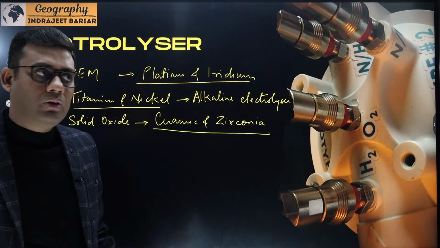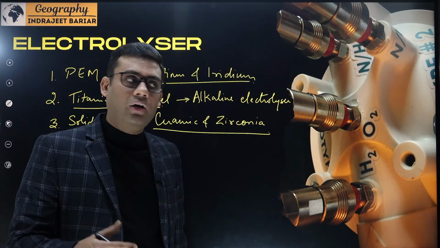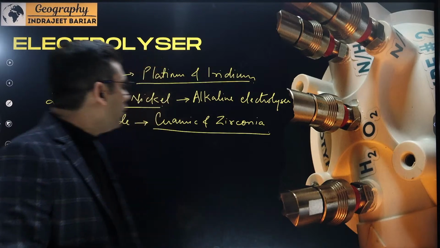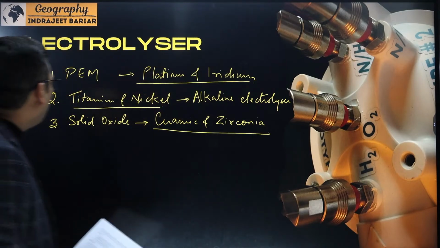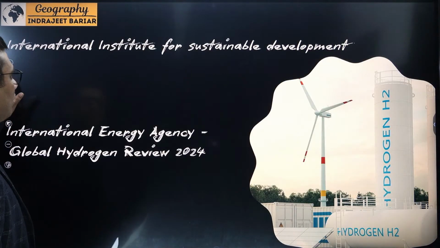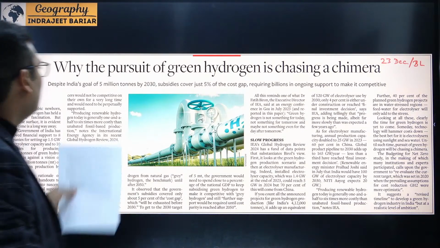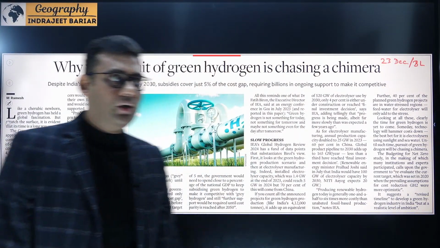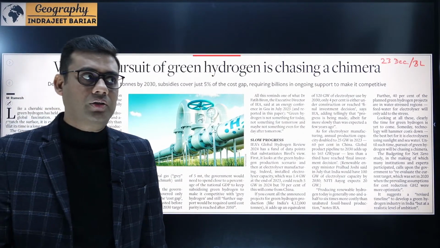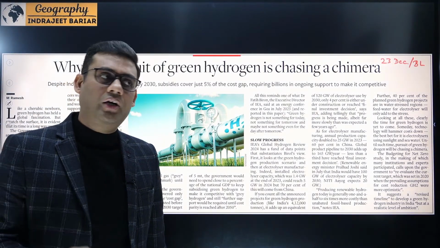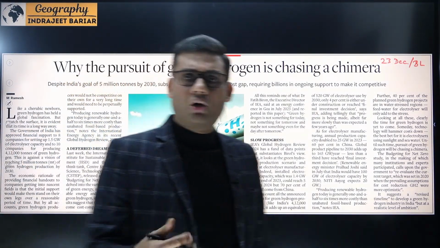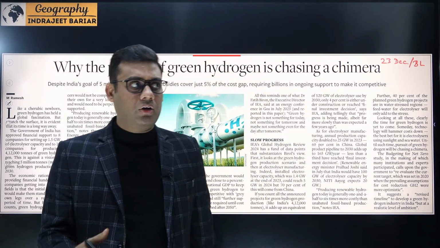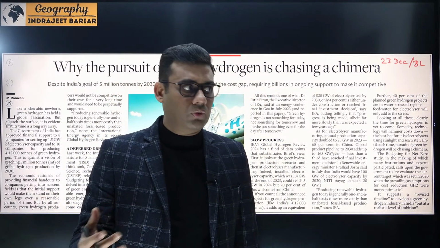And that's where the over-dependence of India on China comes in. So this is about this particular news that we were dealing with. That is why the pursuit of green hydrogen is chasing a chimera, which means why it is not a feasible idea in the shorter run, why and how it cannot be achieved, and so on.